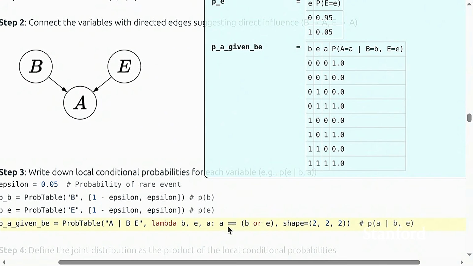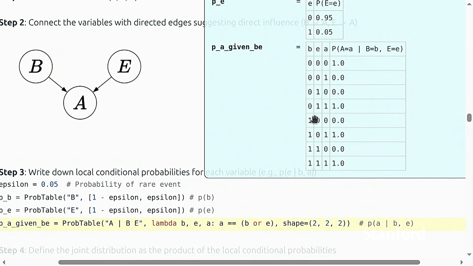The function is called for every row, and it takes the value of B, value of E, and value of A, and returns the probability. What this is doing is checking if A is equal to B or E. If it's equal, then it has probability 1. And if it's not equal, it has probability 0.